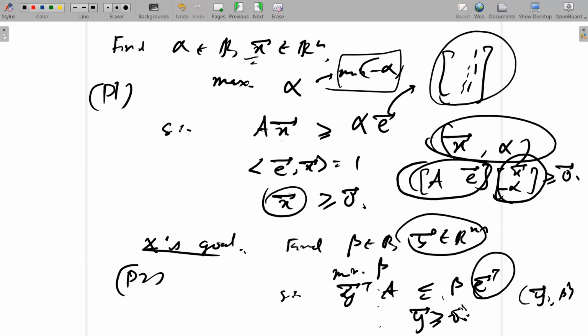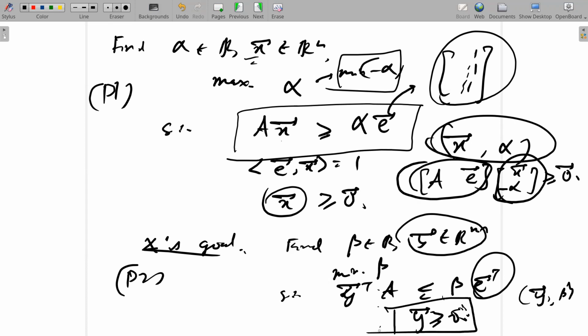And if you look at the dual problem, it will precisely give you this. So you have this bigger than or equal to sign here. So in the dual, you will have less than equal to, right? The sign will invert. No, sorry. The corresponding dual variables, you will have this sign constraint, y bigger than equal to 0.